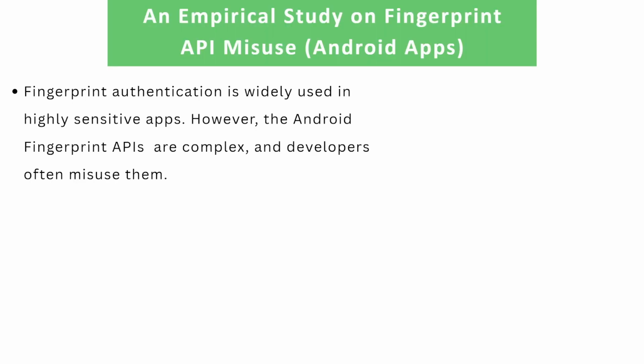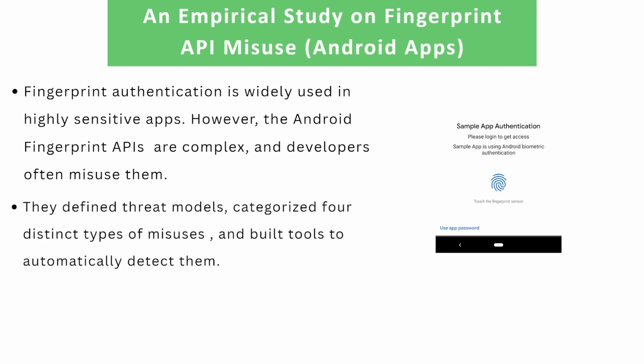Next, we have an empirical study on fingerprint API misuse, focusing on Android apps. Here, the author says that Android's fingerprint authentication API is being widely misused, and they go on and research this issue.